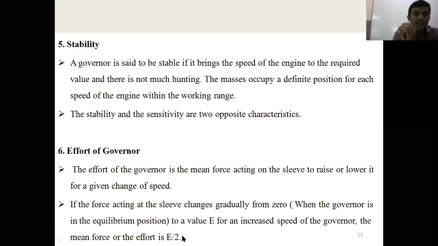Total sleeve mass is mg, but if you consider from the governor shaft axis, the two governor balls are there. From each side, how much effort is required to move the sleeve, or to rise or lower the sleeve, from each governor ball? The effort required from each governor ball is E by 2, because two governor balls are used here.